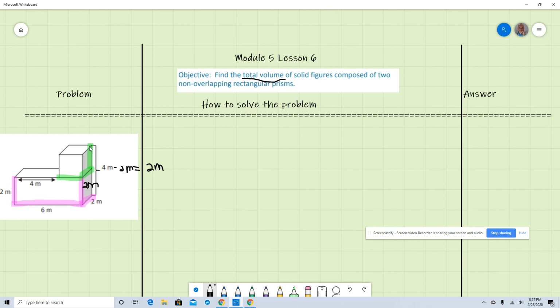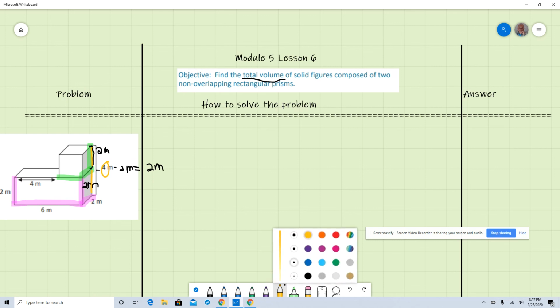So now we know that the height for the cube above is 2 meters. And if you look at the math, the height for this one and the height for this one equals 4 meters.